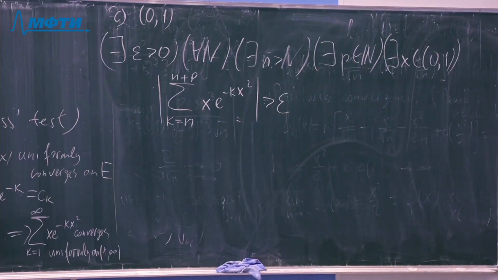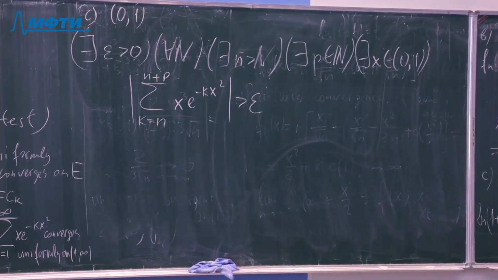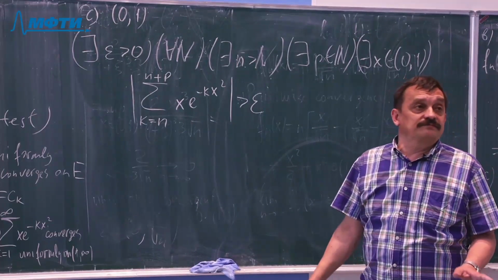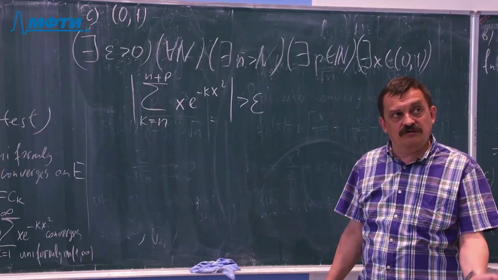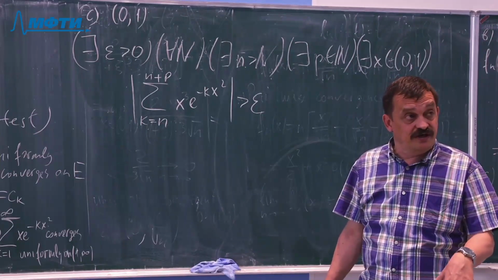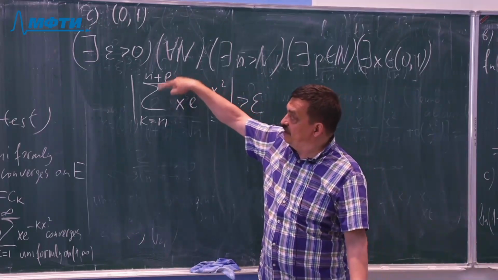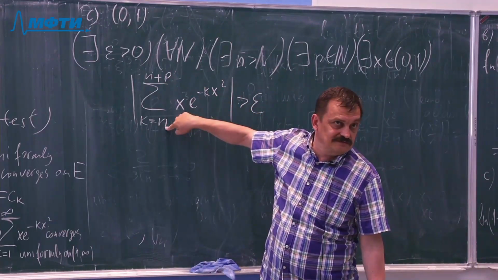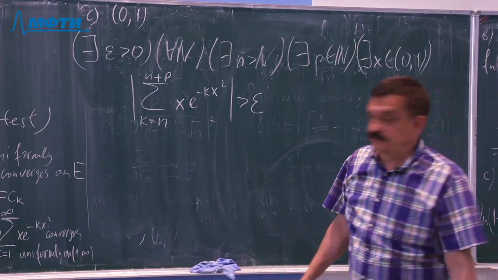That is the opposite of the Cauchy criterion assertion. And as I told you, very often when you want to use the Cauchy criterion to prove divergence, a very good idea is to choose P equal to N. That works quite often.